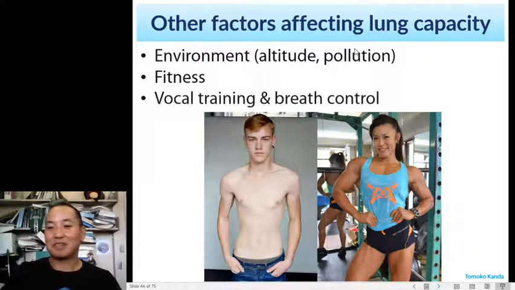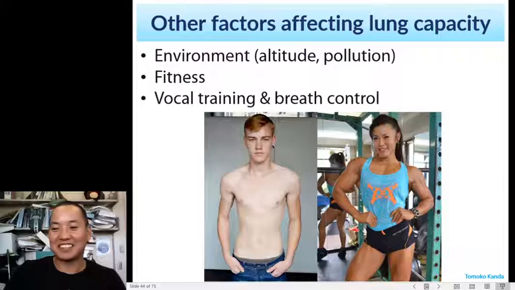And vocal training and breath control. So if you're a singer, it was really funny, maybe 2 years ago, there was this girl, maybe 5'2", 5'3", but she beat the volleyball players in her total lung capacity. And I asked, do you exercise? She said, I exercise, but I also do a lot of singing.